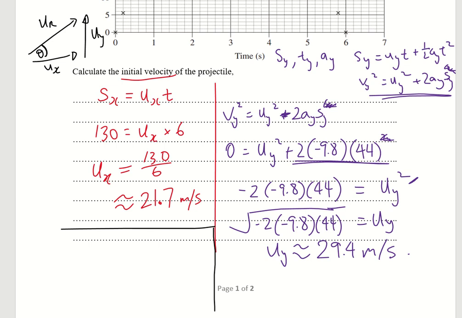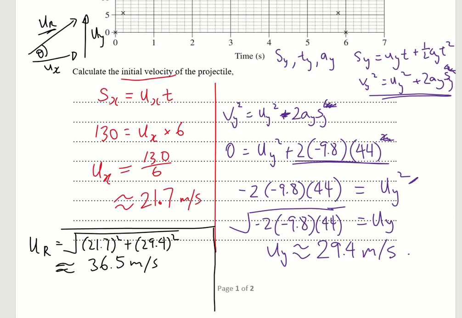I need to find the resultant velocity and the angle. The first thing, the launch velocity, I can solve through Pythagoras' theorem. 21.7 squared plus 29.4 squared, and that equals, to 3 sig figs again, 36.5 meters per second.